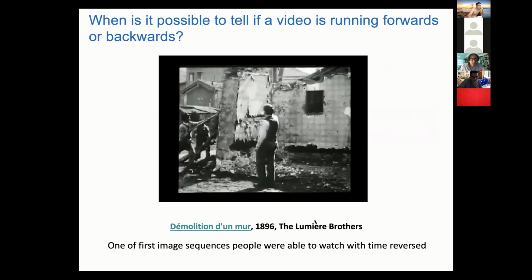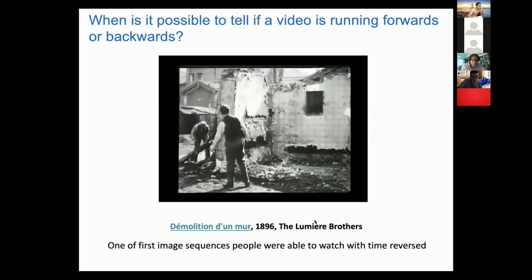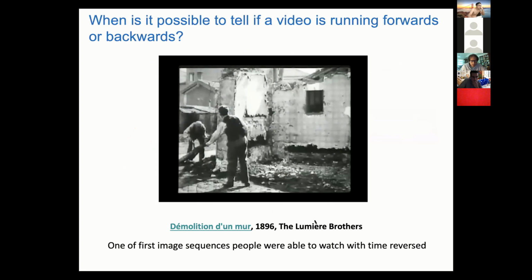Before that time, people couldn't watch time go backwards, but when we had film recording technology, we could play things backwards. And the computer vision question we wanted to address was whether a video is running forwards or backwards.